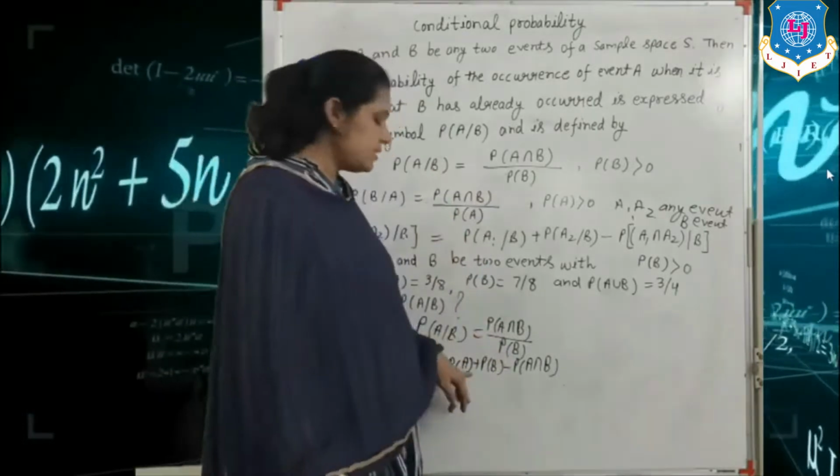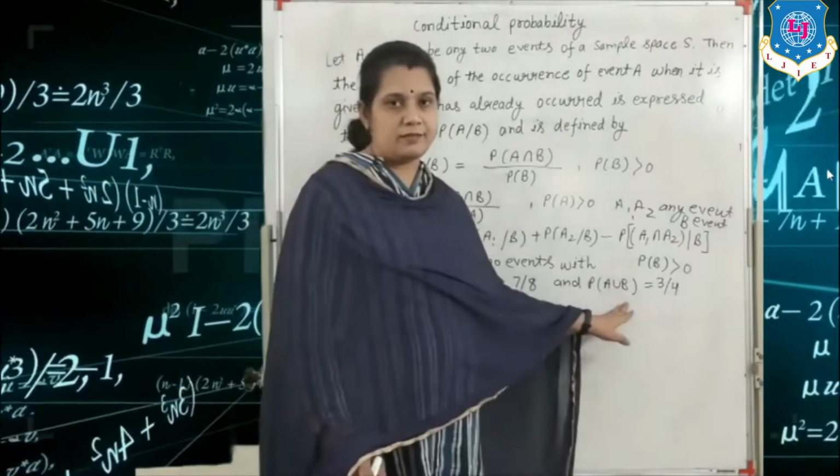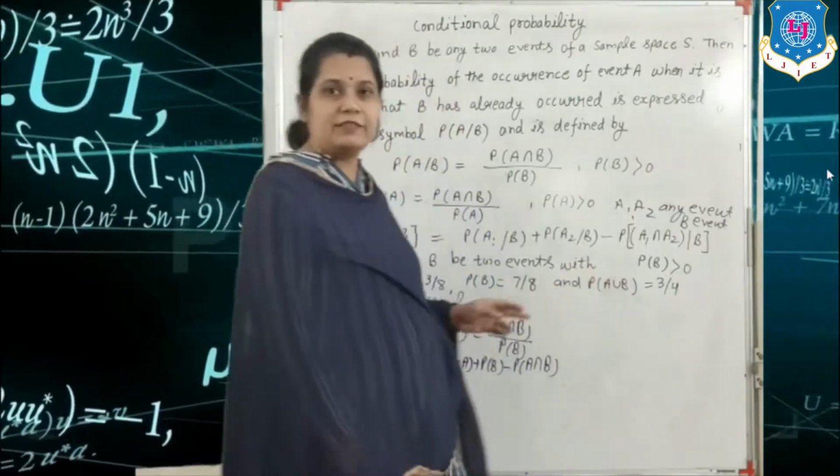In this formula, we put the probability of A union B, because this value is already given in the question.